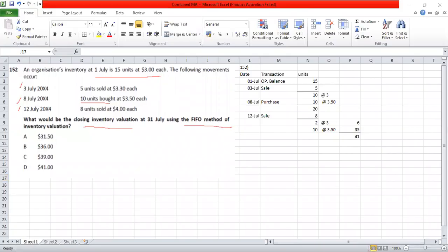Then let's work out questions on LIFO and weighted average method. Then I'll make you do the EOQ problems also.